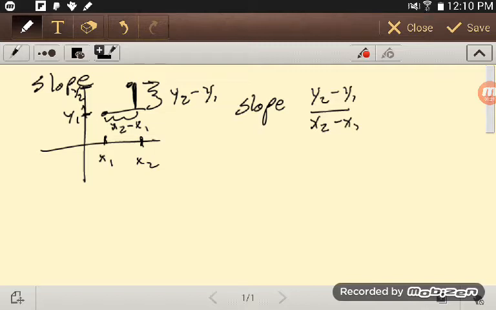Okay, now we want to do a couple things here that are a little bit different. As we look at that, we talk about change.